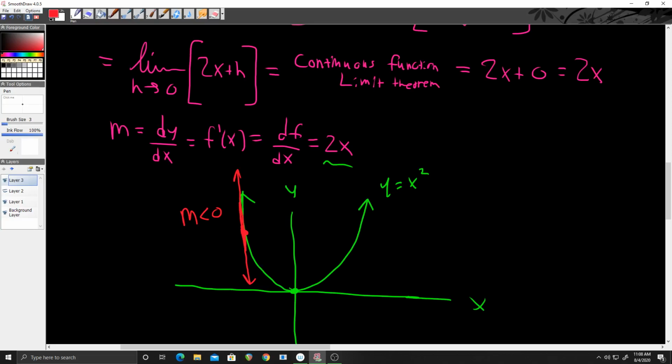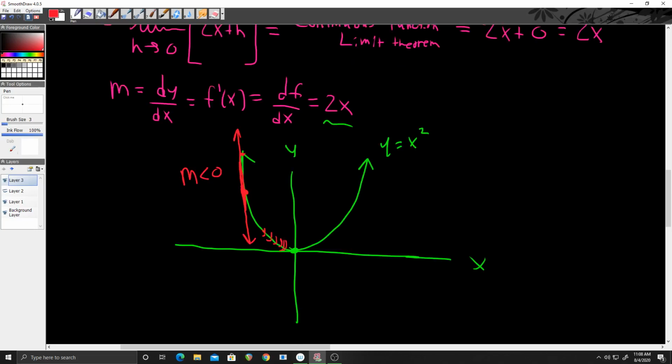And also, as we come in towards 0, we can see that the slope is getting less negative. In other words, the slope up here is steeper, negative, and the slope down here is shallower, but negative. So here, the slope is still negative, but the slope is approaching 0.